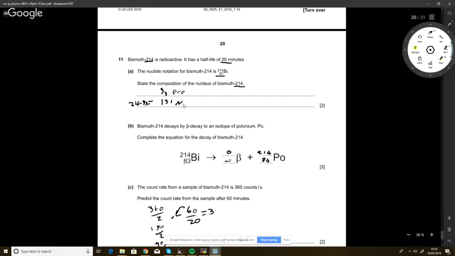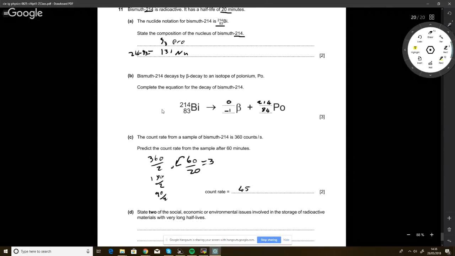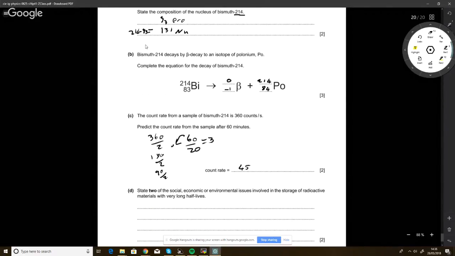Sorry, I should put more here: neutrons, and not newtons. Okay, bismuth decays by beta decay to an isotope of polonium. Complete the equation. We know that in a beta decay the total number of neutrons and protons doesn't change.